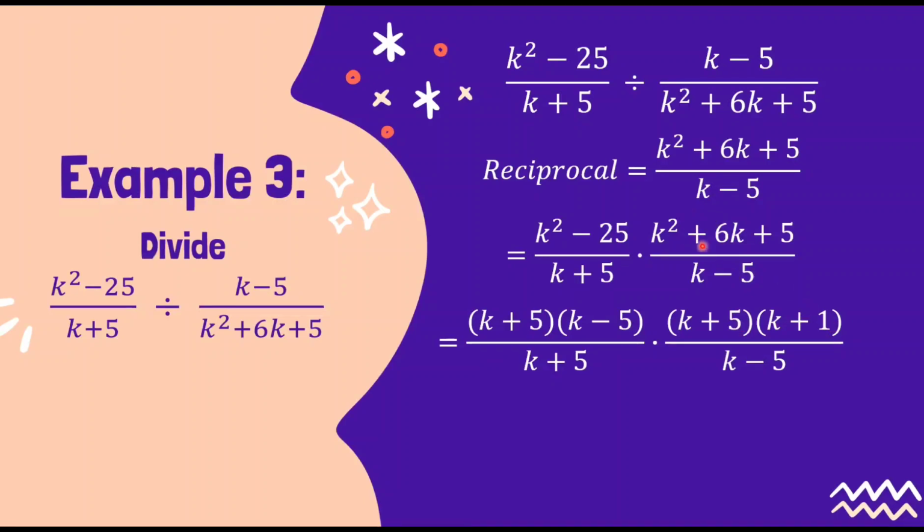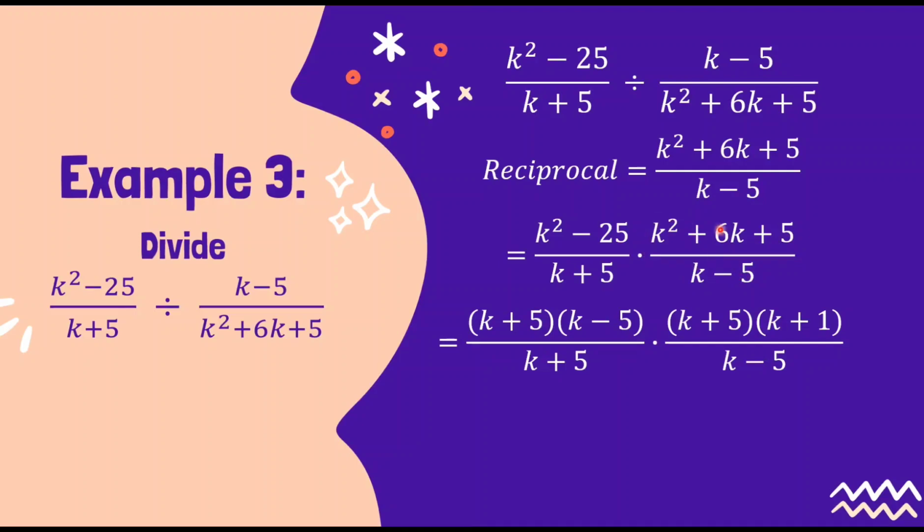Since the k term and the constant term are both positive, they are both positive. Now 5 plus 1 is 6, and 5 times 1 is equal to 5. That is why I said you need to think of two numbers whose sum is 6 and whose product is 5.